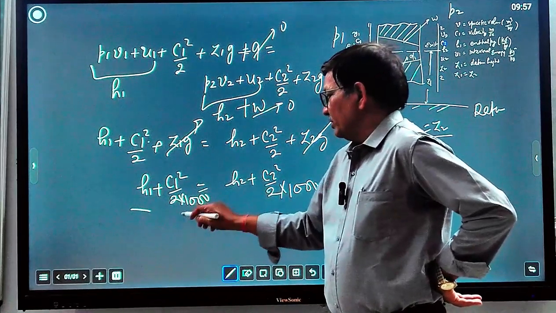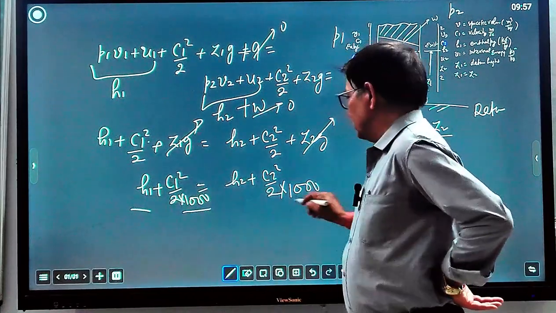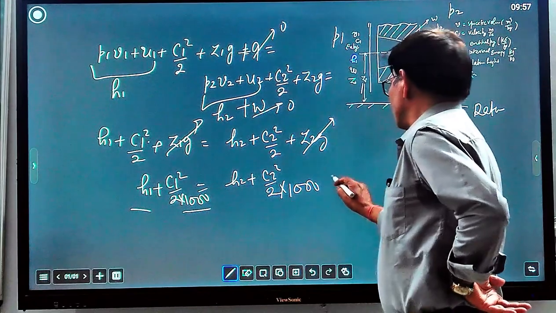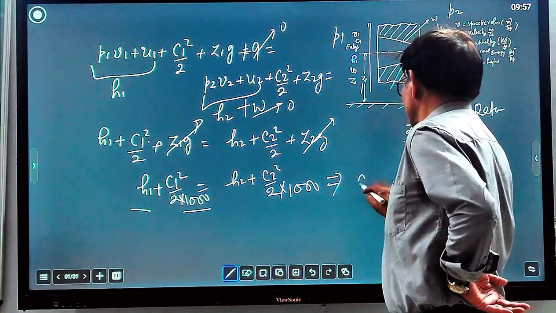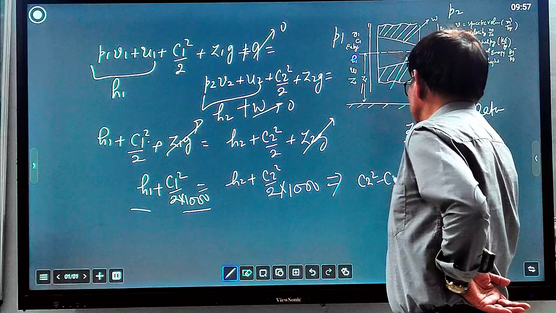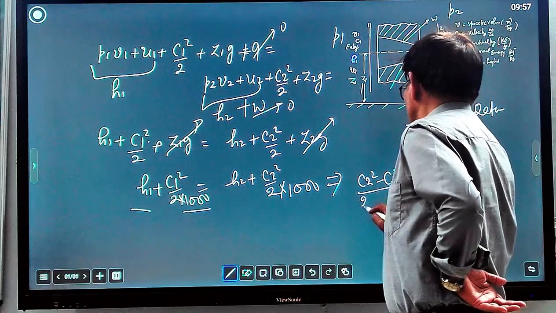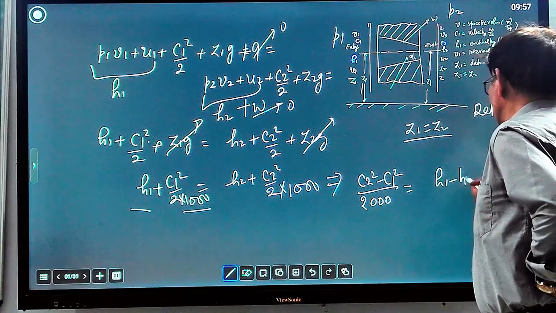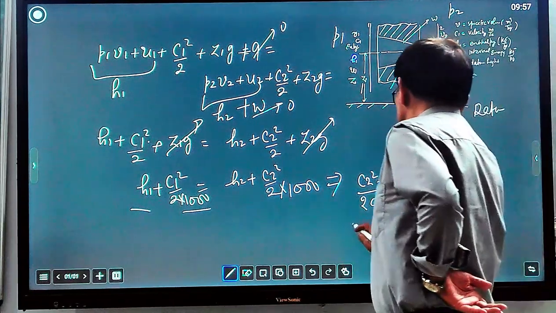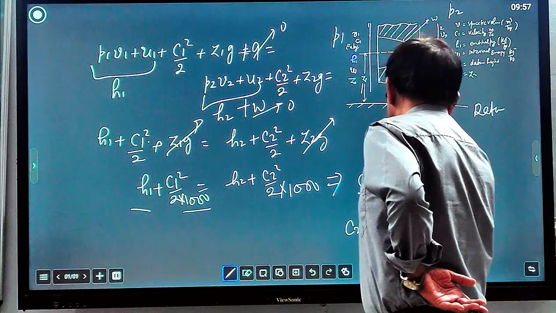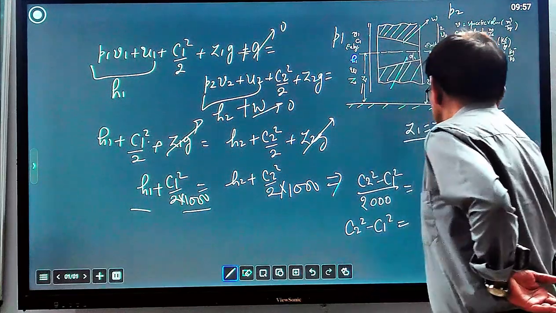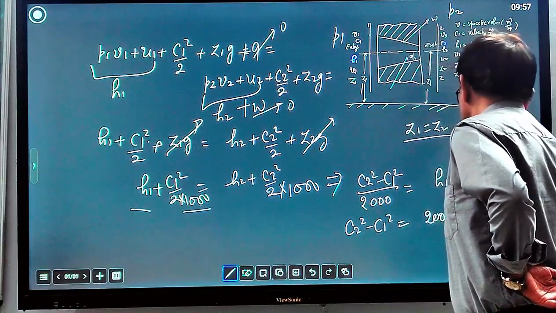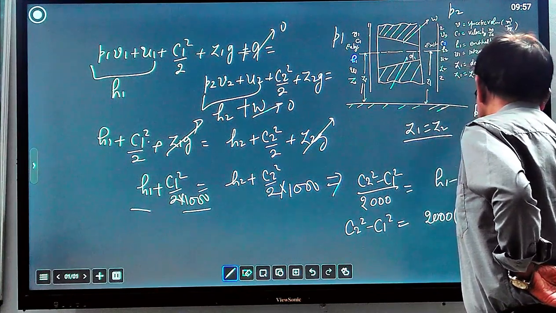Dividing by 1000 you get kilojoule. So now balancing this equation, C2 square minus C1 square upon 2000 equal to H1 minus H2, and C2 square minus C1 square equal to 2000 into H1 minus H2.